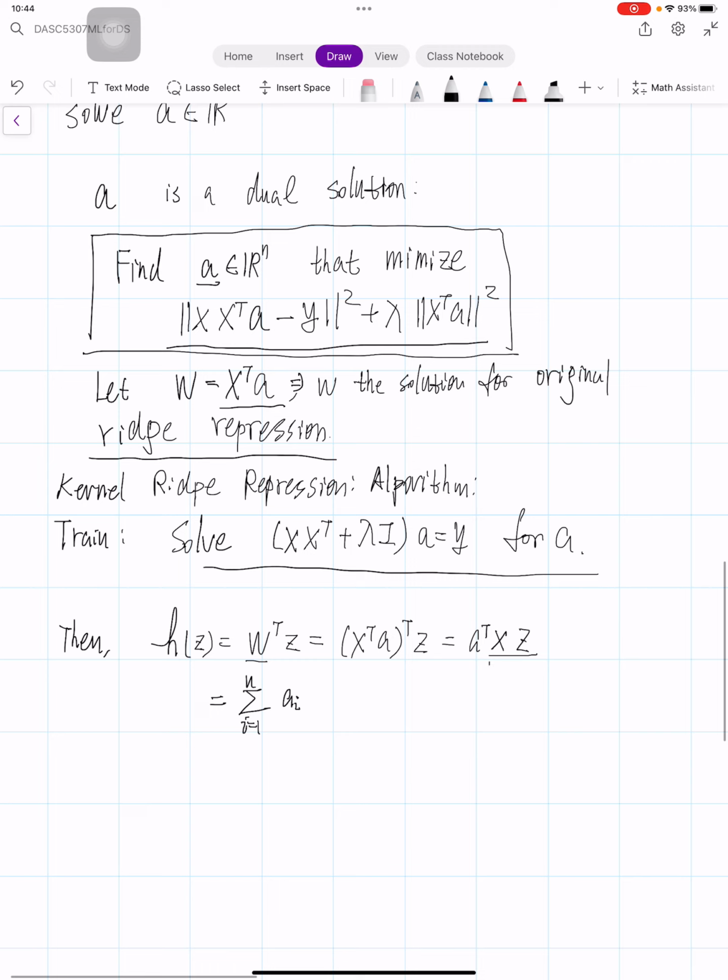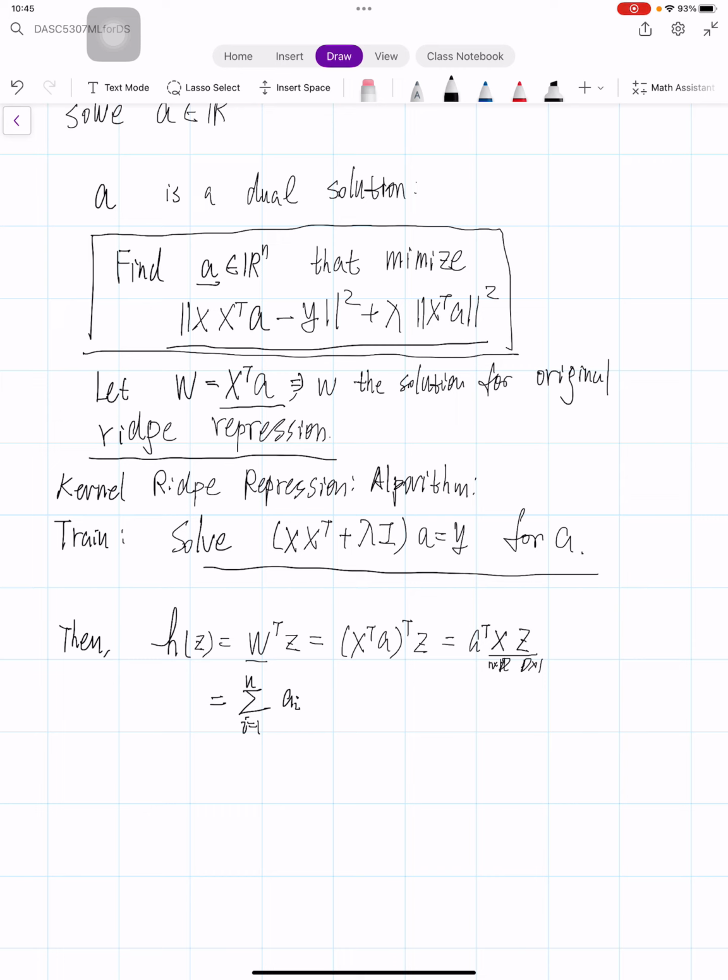This X is n times capital D, and Z is also D, in the transformed space after phi.